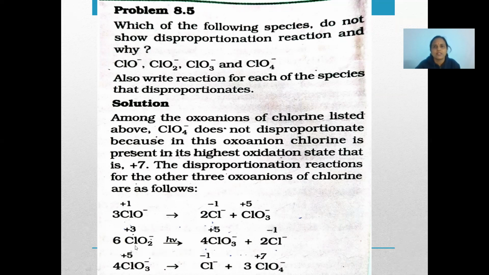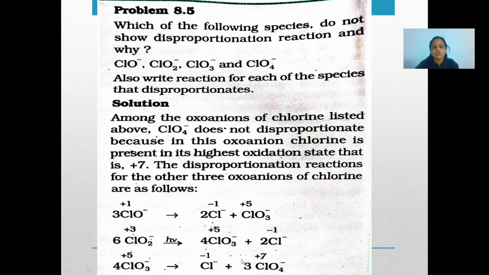Here Cl is present in +3 oxidation state and it goes to +5 oxidation state in ClO3 minus, undergoing oxidation, and it goes from +3 state to -1 state in Cl minus, undergoing reduction. So it's a case of disproportionation reaction.